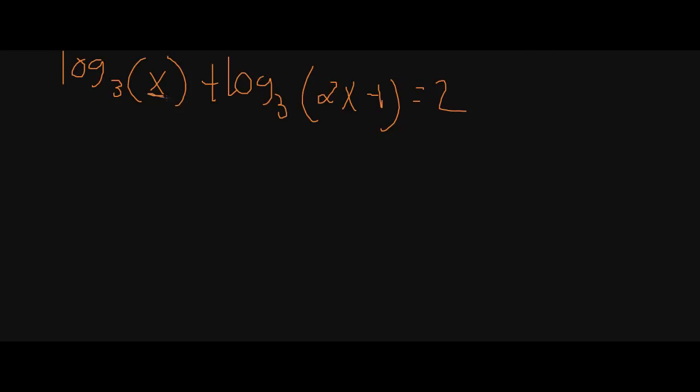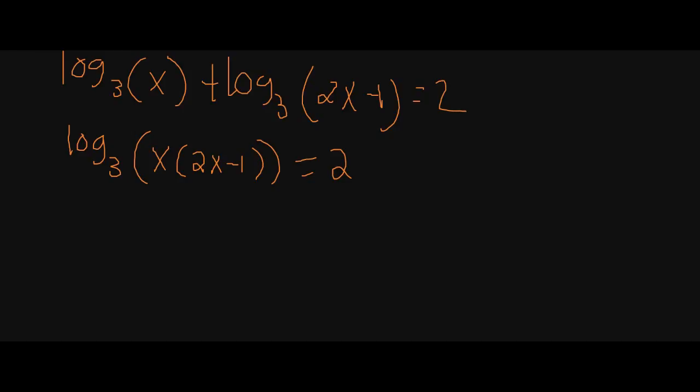We have this input x and then we have 2x minus 1. Remember, since it's a plus sign here, our inputs are going to multiply. So we're going to get log base 3 of x times 2x minus 1 is equal to 2.